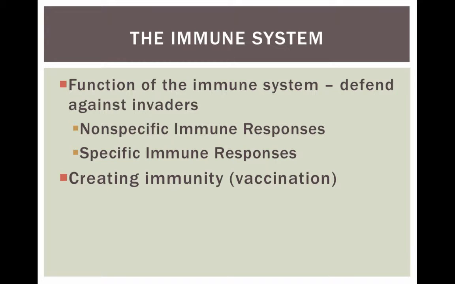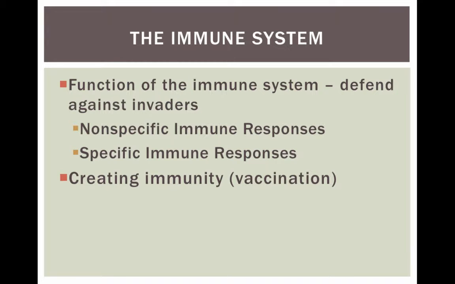When you come in contact with a virus, this virus sensitizes the T cells and then they acquire the specific receptors in order to recognize this invader. So this is actually how vaccinations work.